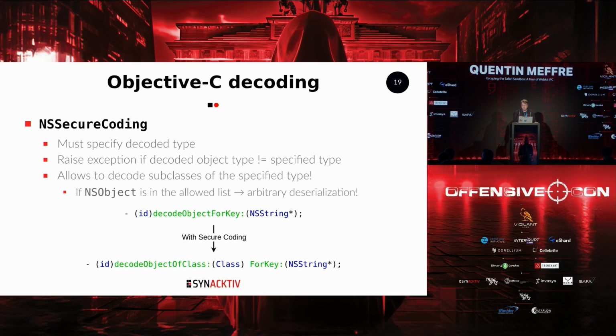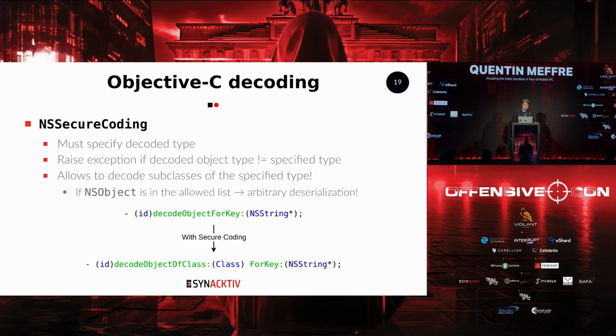So to fix this issue, the developers implemented NSSecureCoding, where the decode function now has to specify the decoded object type, and if the decoded object type is different from the specified type, then the decoder will raise an exception.